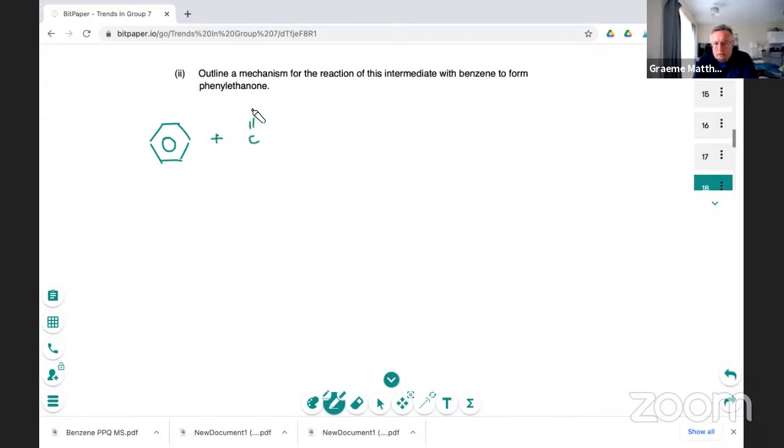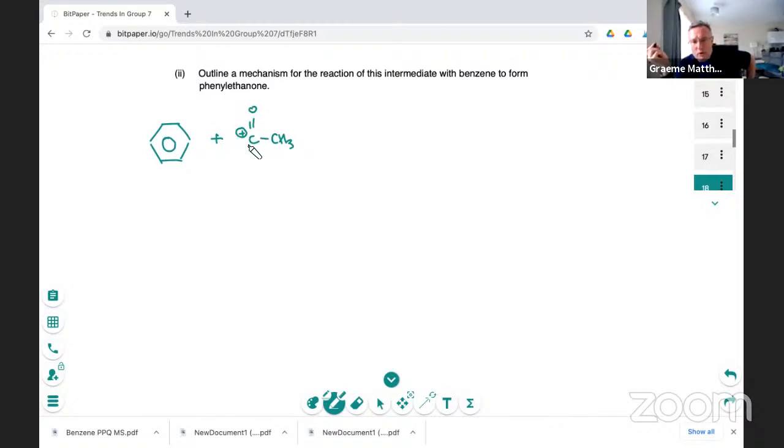Now I'm going to draw it like this. This is my acylium ion, with the positive on it. How do you know this is the acylium ion? It's easy, chemist.